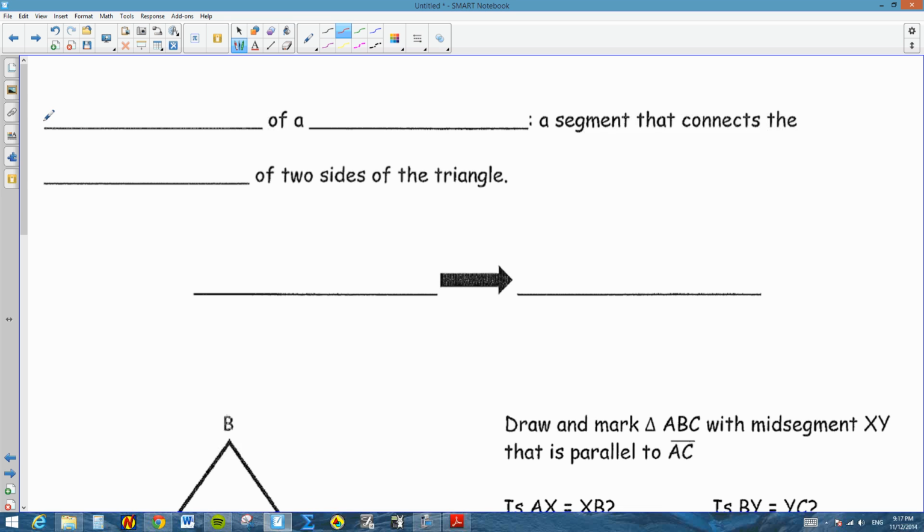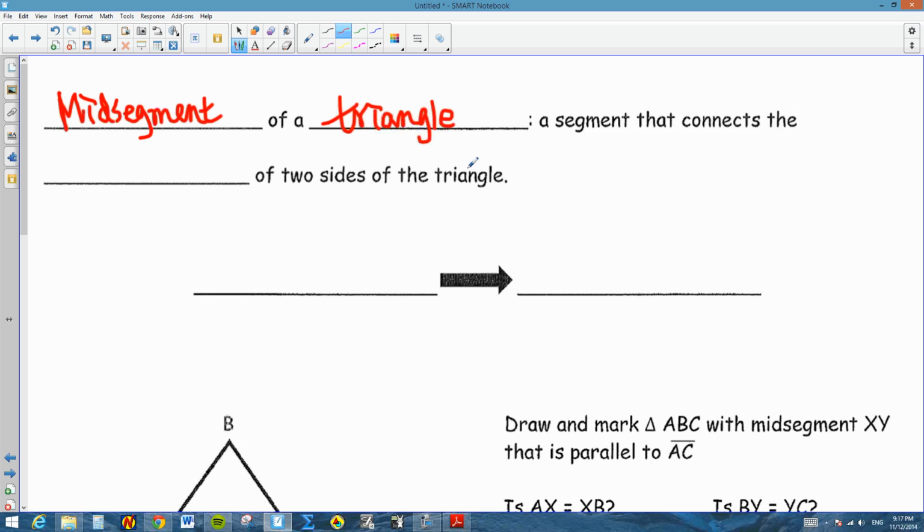Fill in the blank. So first thing, mid-segment of a triangle. What is the definition of the mid-segment of a triangle?